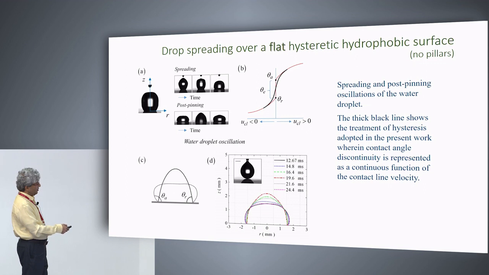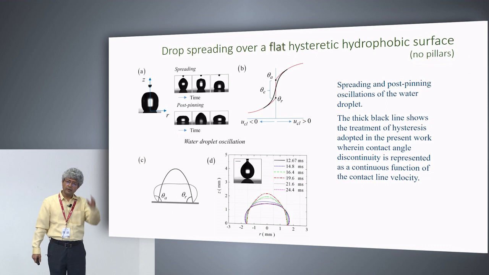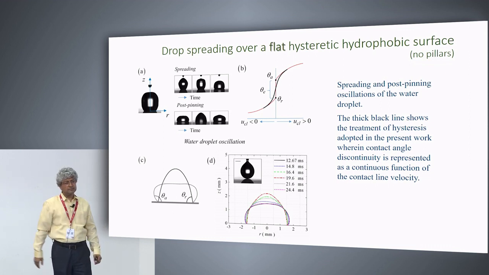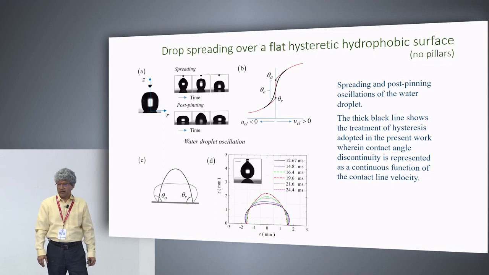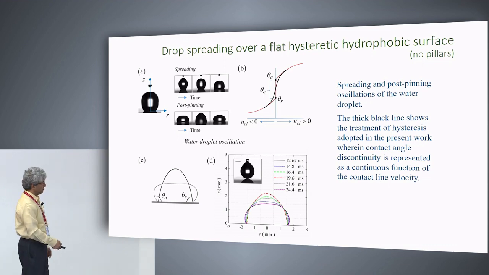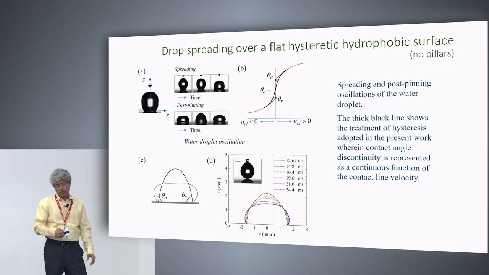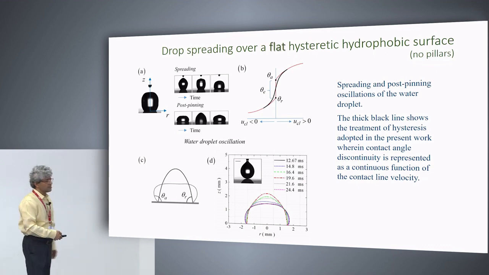So essentially, during pinning, there is a jump in the contact angle going from, let's say, capillary number positive to negative. At capillary number equal to 0, it's a jump in the contact angle. But our model, in a way, smooths the whole thing. If you put a jump in the numerical simulation, there could be some consequences.